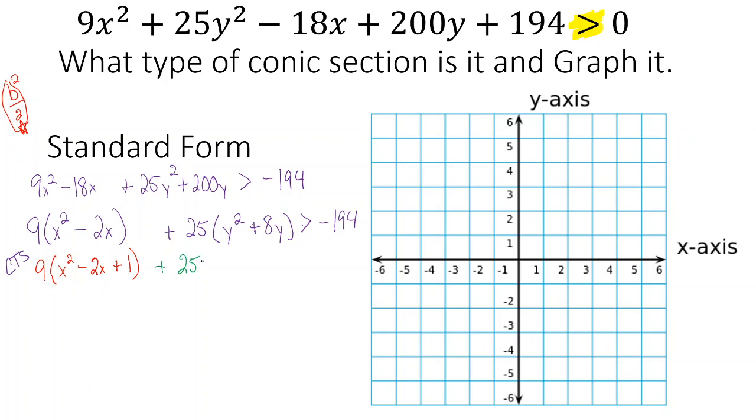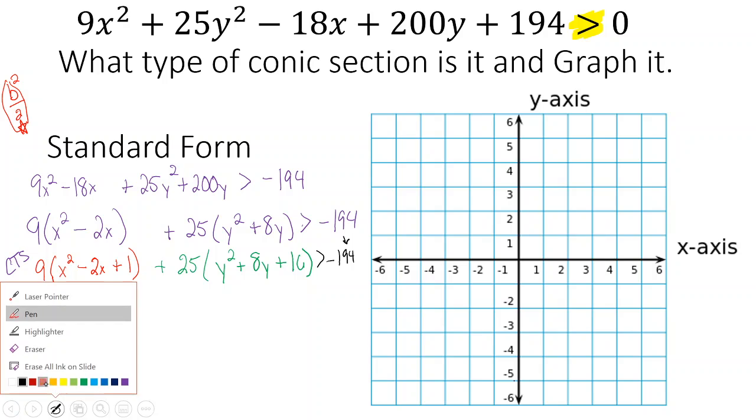That's 25 times y squared plus 8y. 8 divided by 2 is 4. 4 squared is 16. Okay? That is greater than negative 194, which I got from right there.